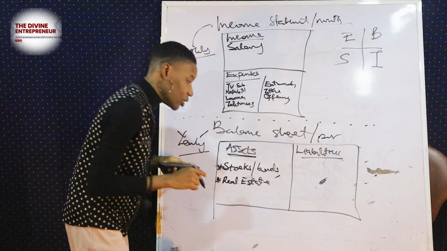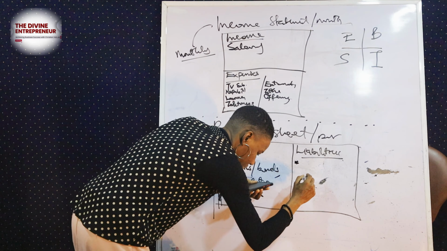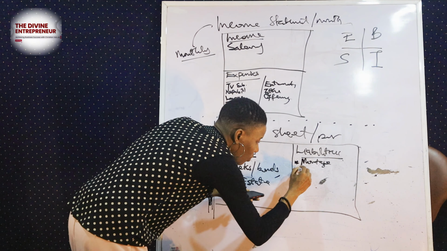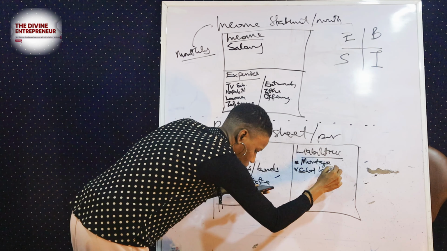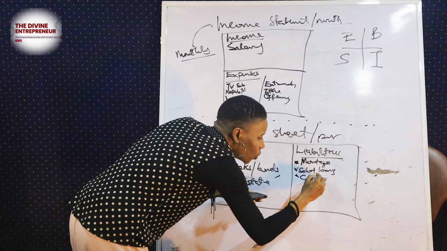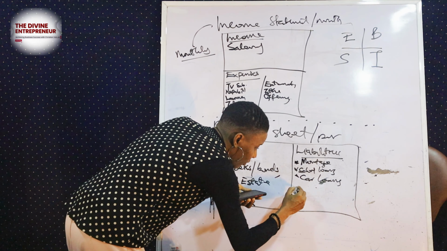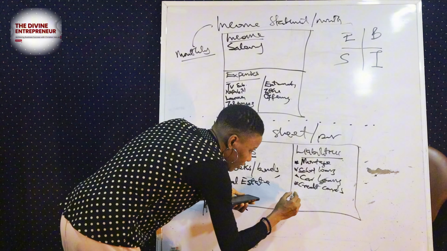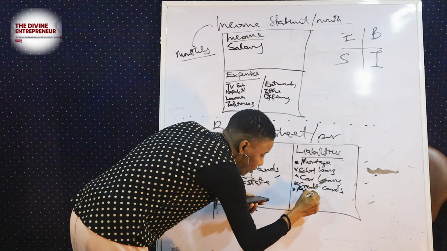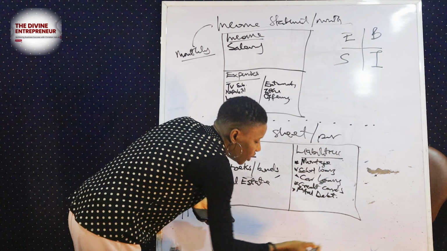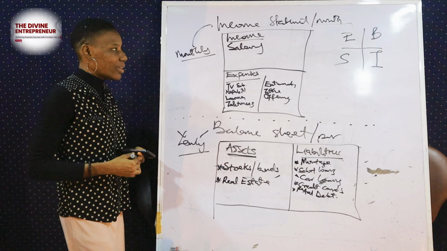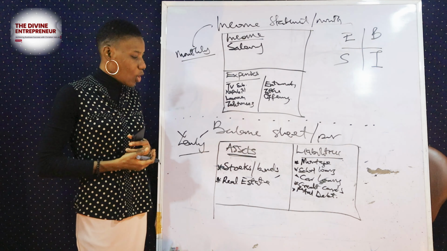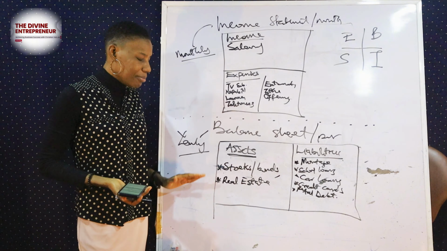And of course, your liabilities include things like home mortgage, your mortgage payments, okay, school loans, car loans, credit cards, retail debts, etc. Okay, so this is the basic appearance of your income statement and balance sheet.